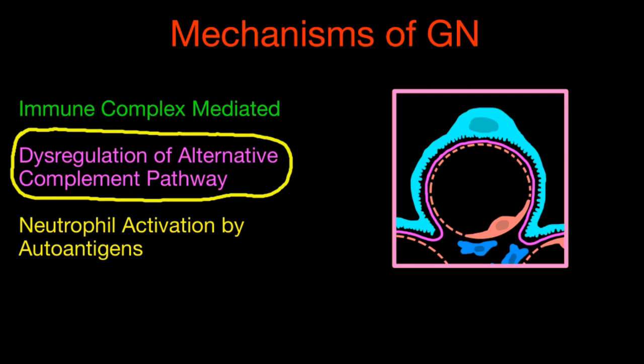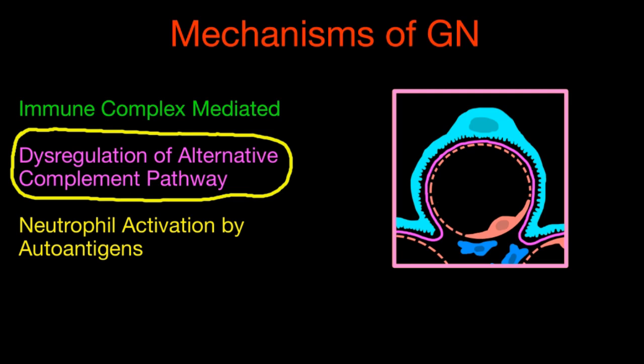So as you know, neutrophils have cytotoxic properties, and so when these ANCAs react with neutrophils, they become activated, and they can now release these cytotoxic enzymes that can damage tissue. And also, there's probably some alternative complement that gets activated, which further stimulates and feeds forward the immune response.